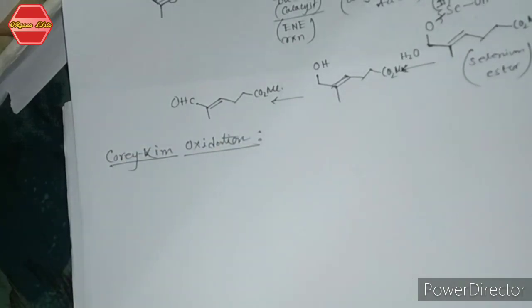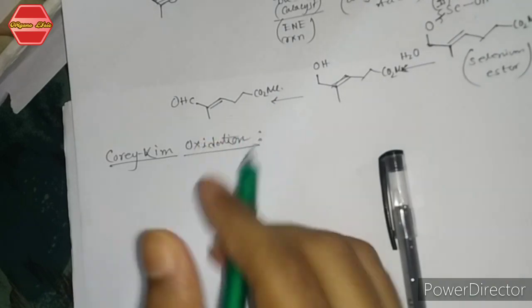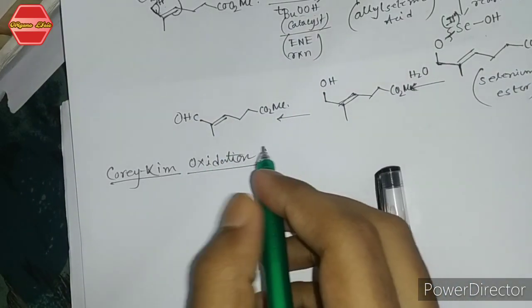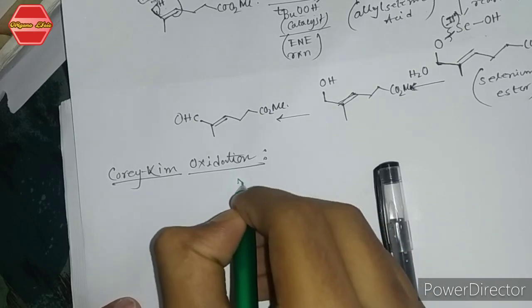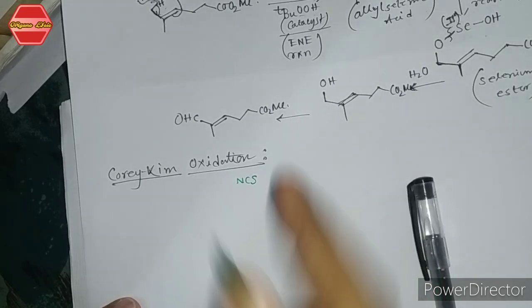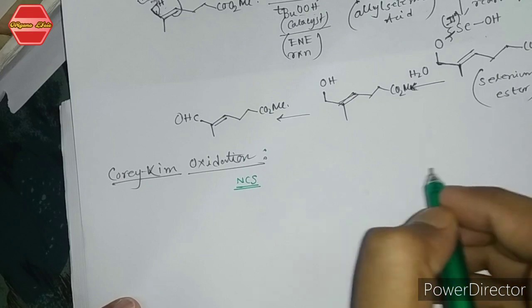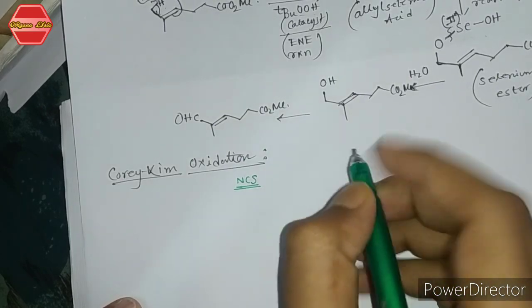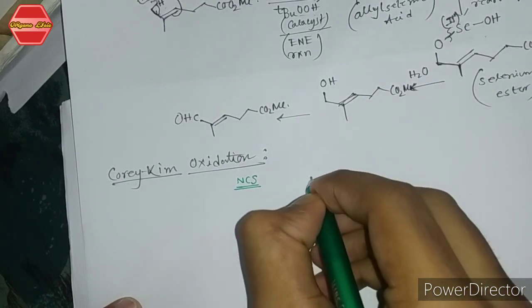So first of all, in this type of oxidation reaction, the reagent which is used is NCS. First of all, this is NCS. Okay, so what is NCS? NCS is nothing but N-chlorosuccinimide.